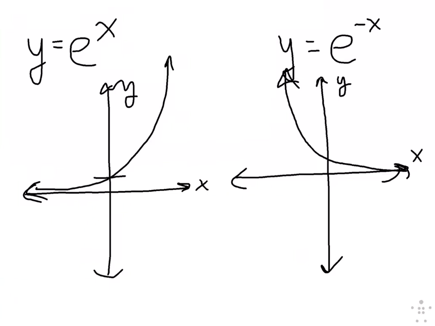Do you remember when we did transformations like 14 billion times already this year? When we do transformations, when we have a negative inside with the x, that was a reflection over the y-axis. So if you take the original graph, the one on the left here, and flip it over the y-axis, look, it would create this, wouldn't it?